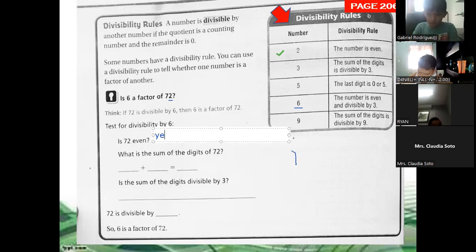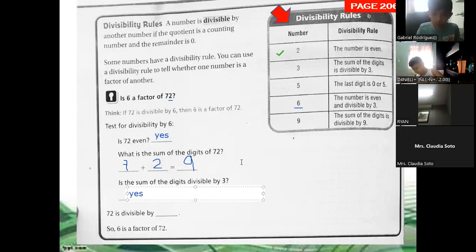Is 72 even? Yes. What is the sum of the digits of 72? 7 plus 2 equals 9. So, is 9 divisible by 3? ¿Podemos dividir 9 por 3? Yes. Is the sum of the digits divisible by 3?